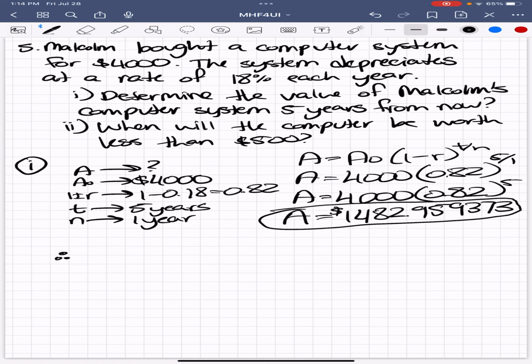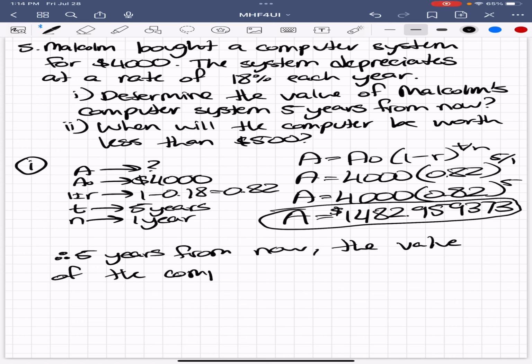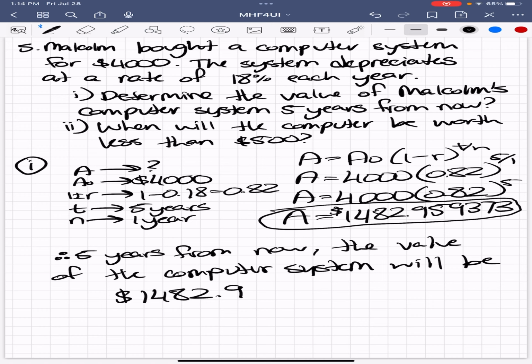Let's do our therefore statement. Because the third decimal place is a 9, we're going to round up to 6.